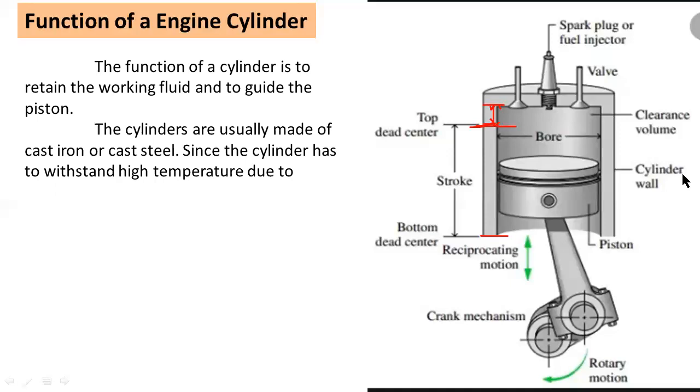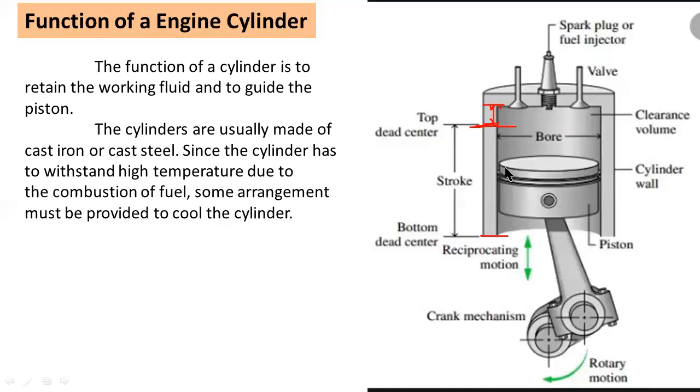For small engines, we are using cast steel. For large engines, we are using cast iron. Since the cylinder has to withstand high temperature due to the combustion of fuel, some arrangement must be provided to cool the cylinder.